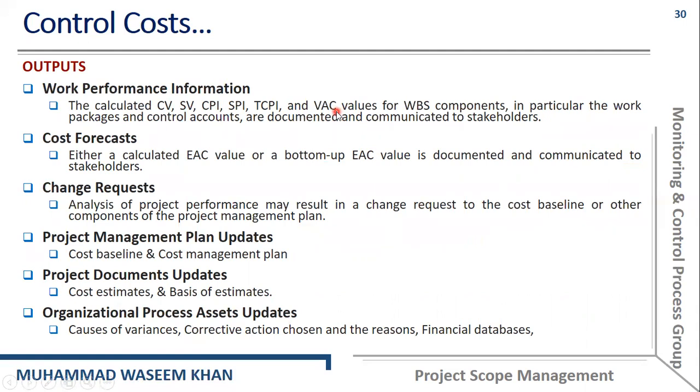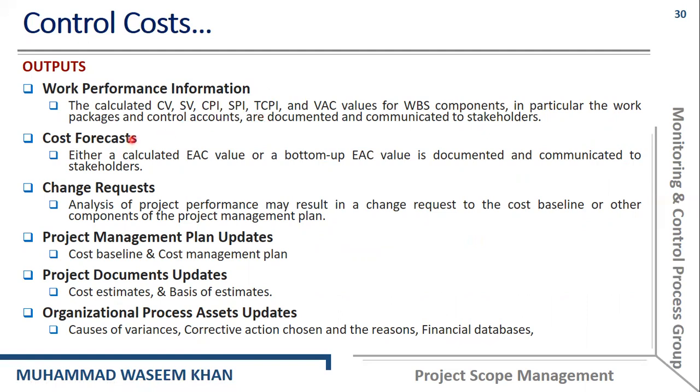Values for work breakdown structure components, in particular the work packages and control accounts, are documented and communicated to stakeholders. We will discuss these things, inshallah, in the earned value management chapter. We will have a separate chapter, and in this particular chapter we will discuss these different topics briefly.